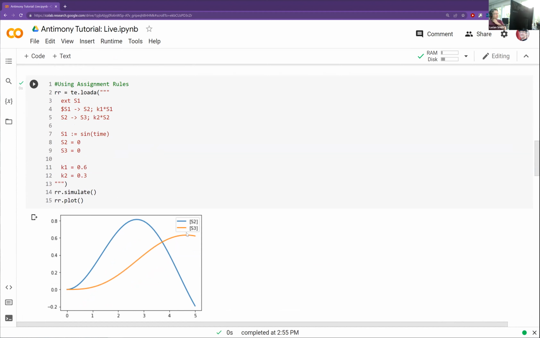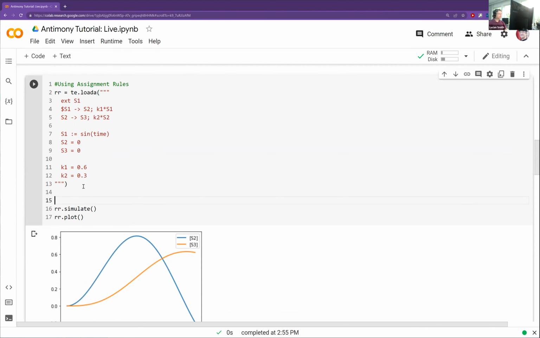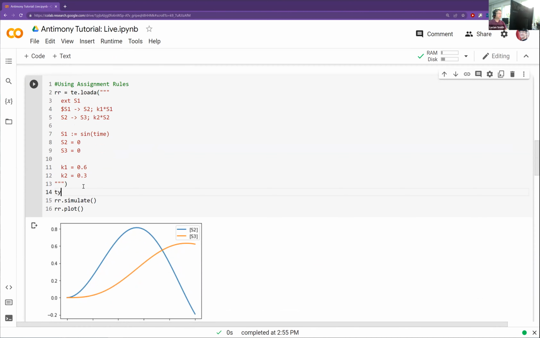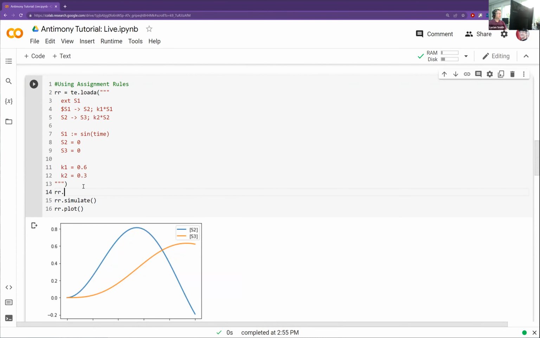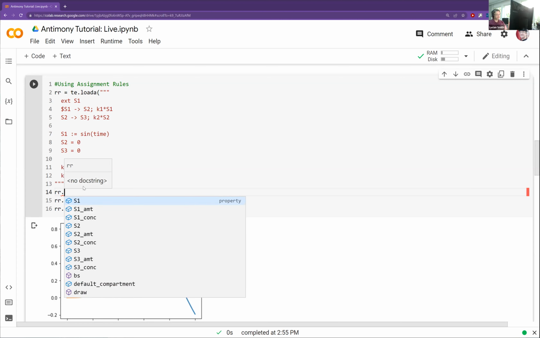You'll notice that by default we're only seeing S2 and S3. That's because if you don't tell it to do anything else, the selection list is all the floating species, and since S1 is now a boundary species, it doesn't show it anymore.